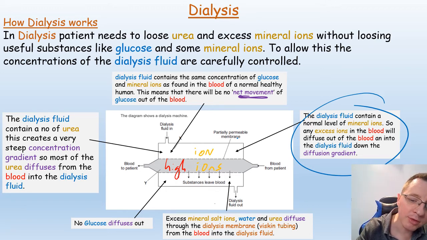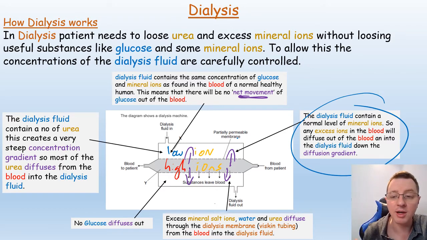So in comparison, that will actually be lower than the blood, and therefore those mineral ions are going to diffuse out of the blood and into the dialysis fluid, down the diffusion gradient, thus removing those ions from the blood as the blood flows back into the patient.